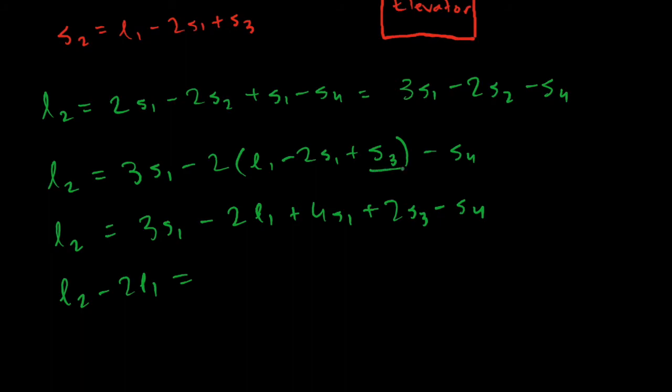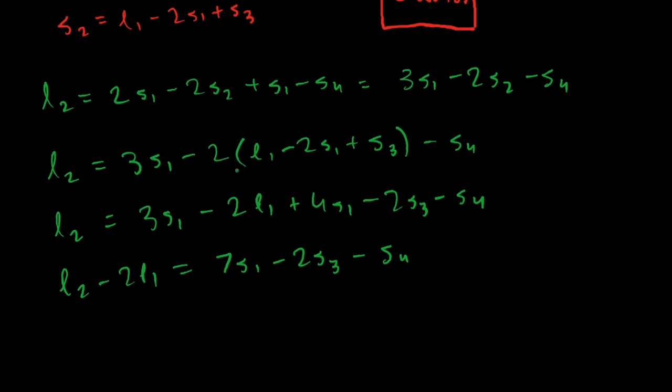Negative times positive. That should be negative. All right. The rest of it seems good. So we get this length value, and then we get 3S1 plus 4S1, which is 7S1, and then we have minus 2S3 minus S4. All right, now we have the expression all good and ready to go.